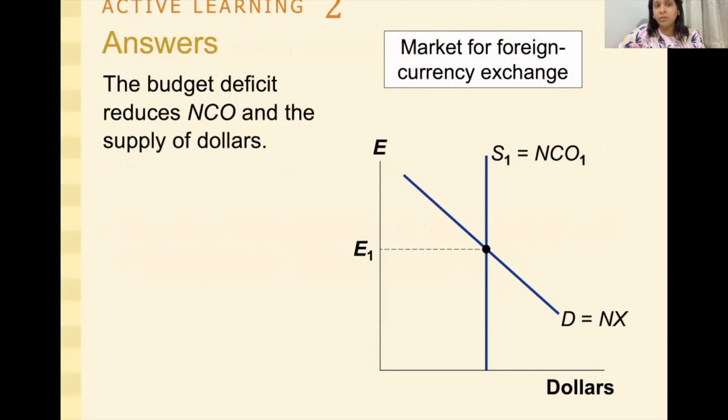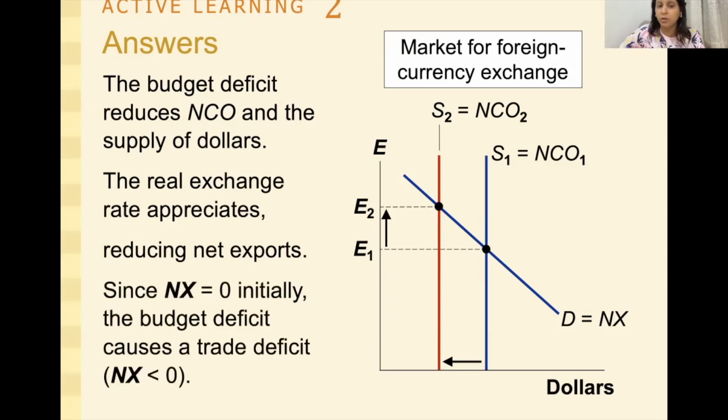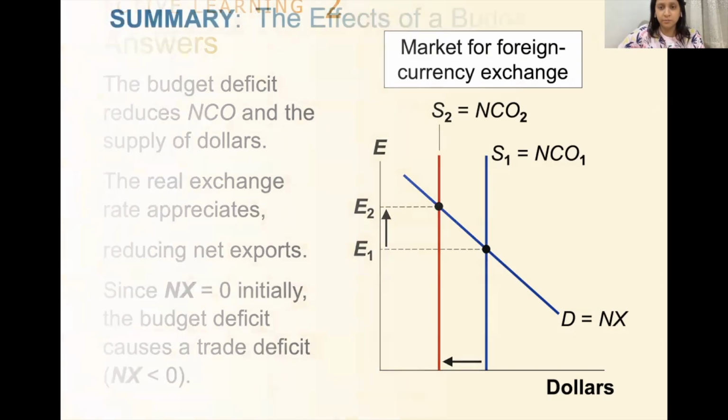Whenever there's a budget deficit, your NCO reduces and the supply of dollars falls, the curve shifts towards the left. Here, since the axis is exchange rate, the line is vertical and hence it's shifting towards the left. And that is why the real exchange rate, as seen through the diagram, is going to appreciate. And whenever the currency appreciates, it's more expensive for anybody outside the country to buy your goods, and that is why the net exports are going to fall. And that is the entire situation.